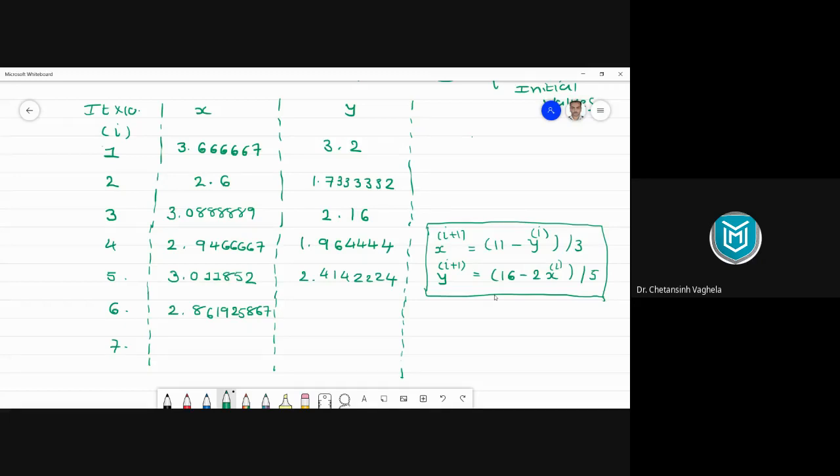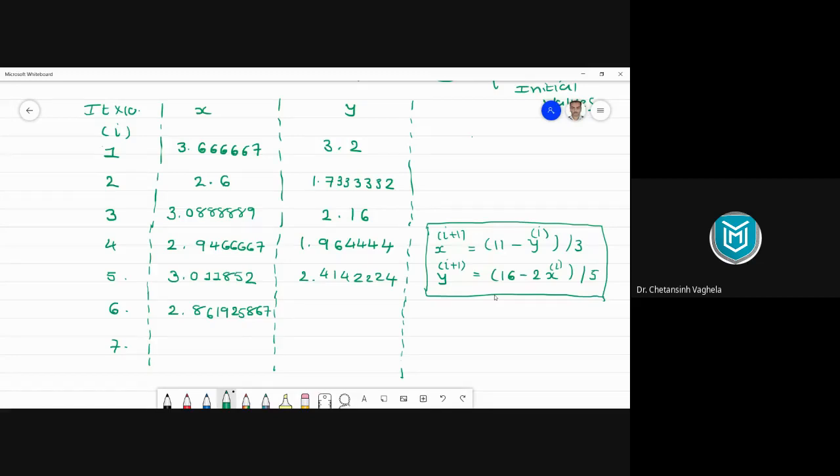See, and one more thing, the Gauss-Jacobi method is comparatively slower than Gauss-Seidel. If you try to perform the same example by Gauss-Seidel, then in maybe half the number of iterations you will get your correct answer or the decimal accuracy which you desire.